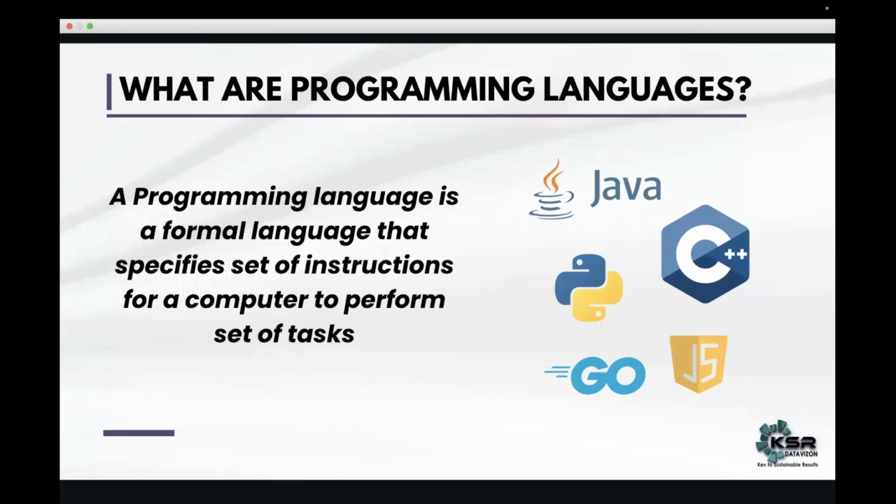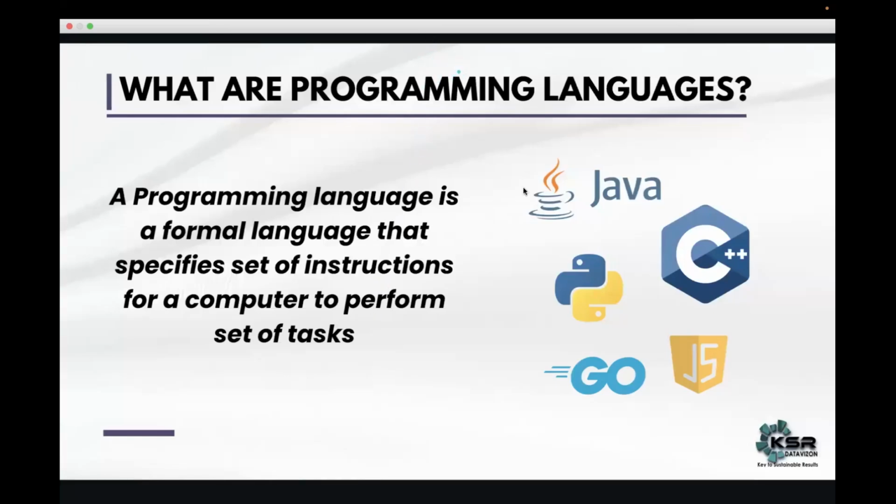Similar to that, even programming languages have grammar. You have some syntax, and you have to specify in that grammar only. That's why a programming language is a formal language that specifies a set of instructions for a computer. It's not for a human to perform something. That language is for a computer, and the computer will perform a set of tasks. Okay.